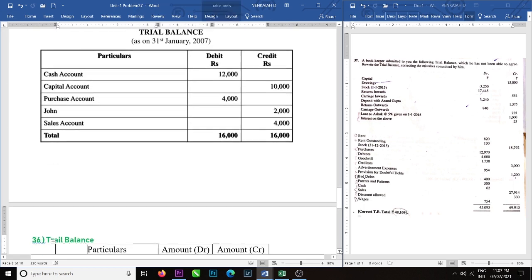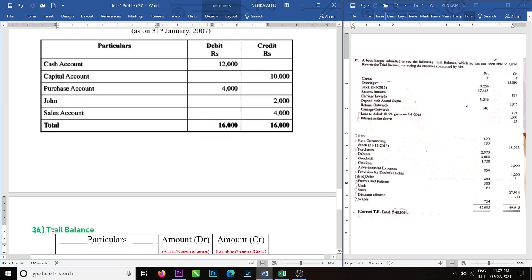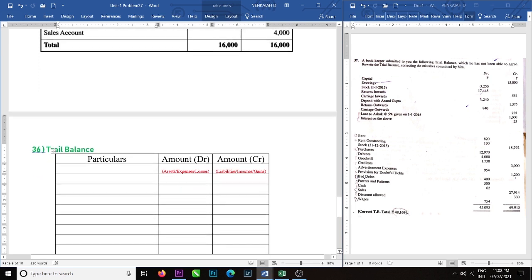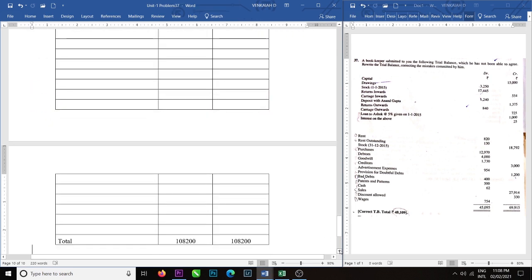Trial balance example: now we prepare problem number 37.